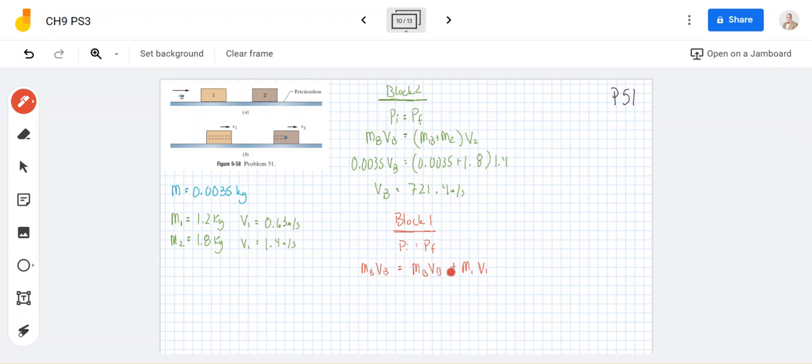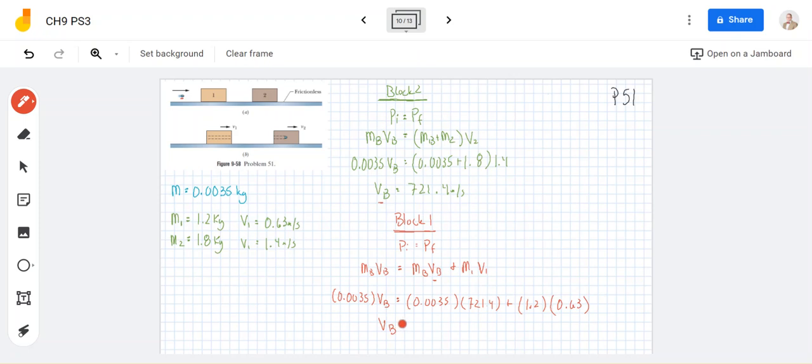I know it looks like these are the same, but this is after it passes through and this is before it enters. The nice thing is that this VB is this VB, and so we can solve directly. Mass of the bullet, 0.0035 times the bullet velocity before it enters, times 721, plus the mass of this block, 1.2, times its speed after, 0.63. And I think we can solve directly.